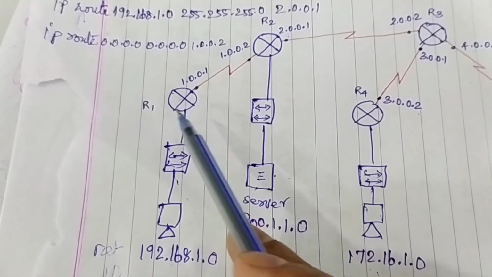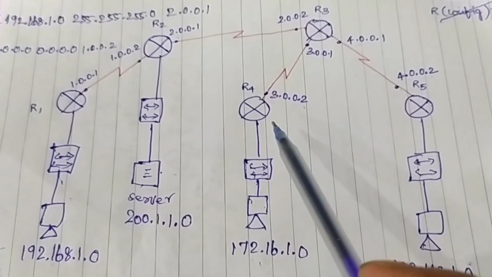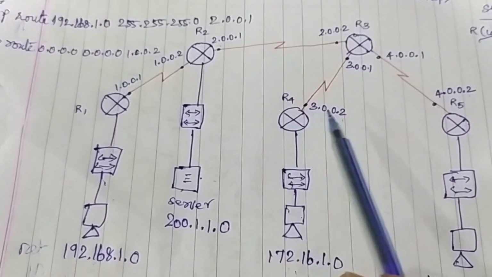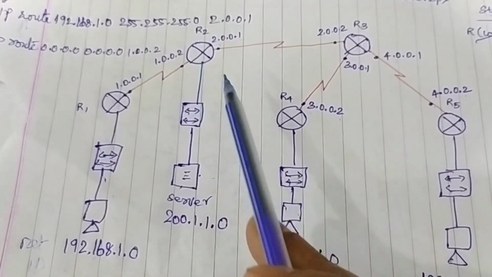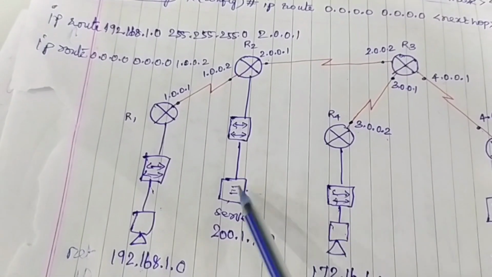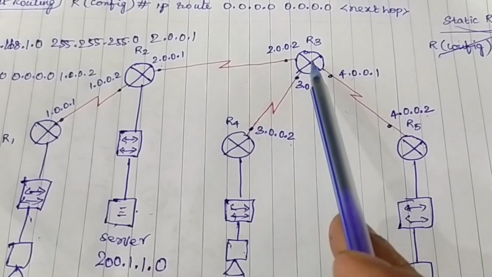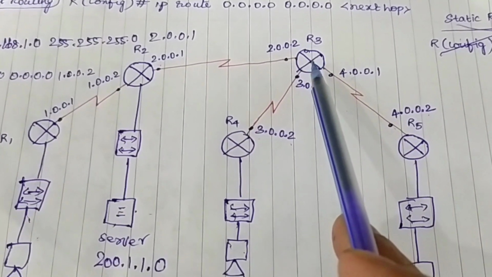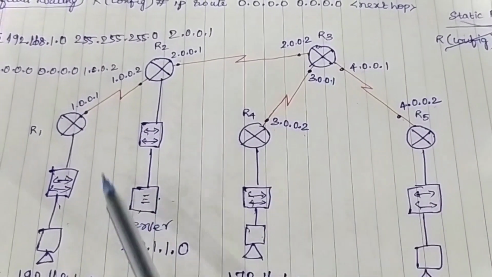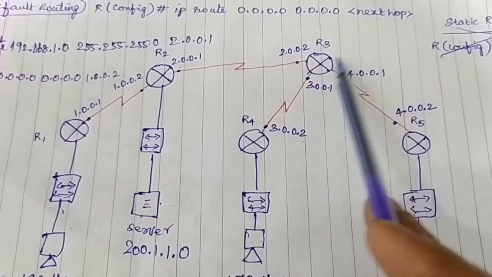In this way, they will ask you to configure static routing on any of the routers. According to the router, the next hop will change, and according to the router, its own network will change. For example, in the first case, when we configured static routing on R3, according to this topology R3 doesn't have any own network.